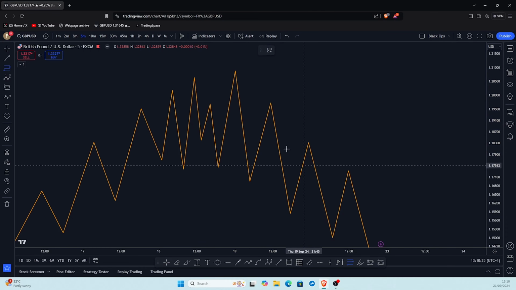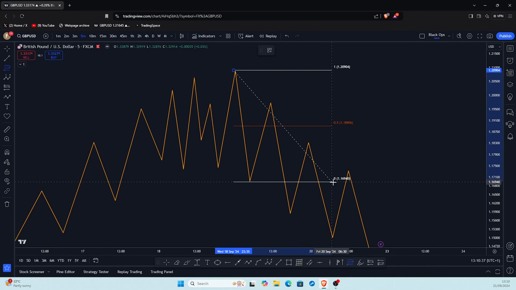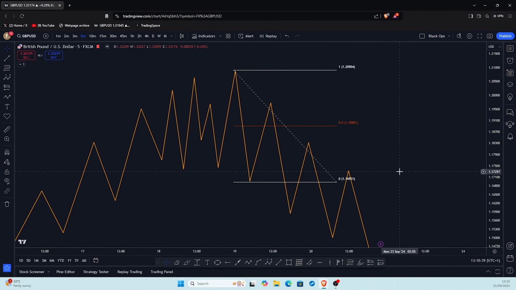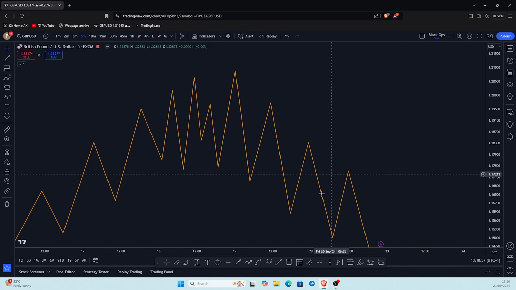Essentially what price ranges do for us is give us an idea of which direction to look for trades in, without getting too confused by what price action is showing, with loads of breaks of highs, breaks of lows, higher highs, higher lows that are just not consistent with the trend. And here we can see we finally break down, and then we finally get to take trades consecutively, or be consecutively correct in the right direction.